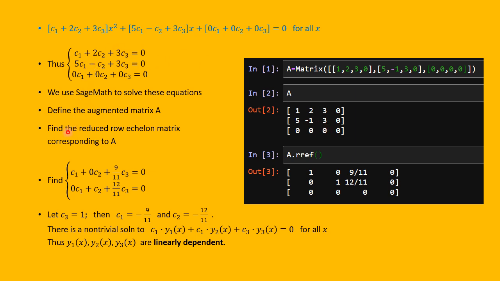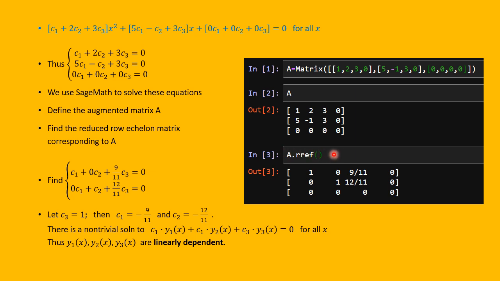Then we find the reduced row echelon form of this matrix. We could do that by hand by starting with this matrix and using elementary row operations, but there's a built-in command to do that. A.rref() for reduced row echelon form, and then there are parentheses here too.